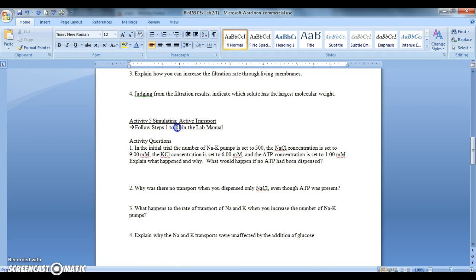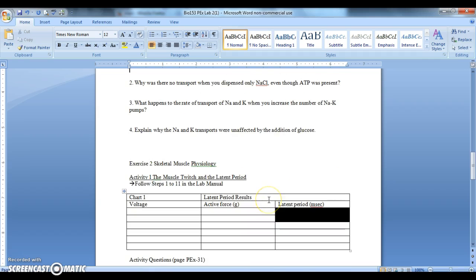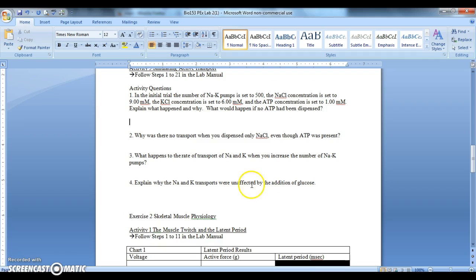It should be 1 to 29, and it's not really the lab manual, of course. It is in Mastering in the PhysioEx Lab. You follow steps 1 to 29, and then you'll do the record data just like you normally do, but you will just be answering the questions rather than actually recording data onto the lab manual.